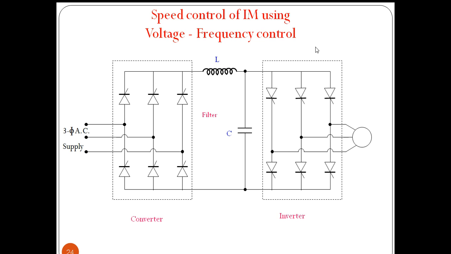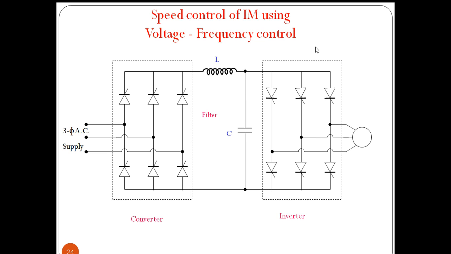From the circuit, the three-phase converter will convert AC voltage into controlled DC voltage. This controlled DC is filtered by an LC filter to minimize the ripple contents. Then the filtered DC is fed to the three-phase inverter as input.